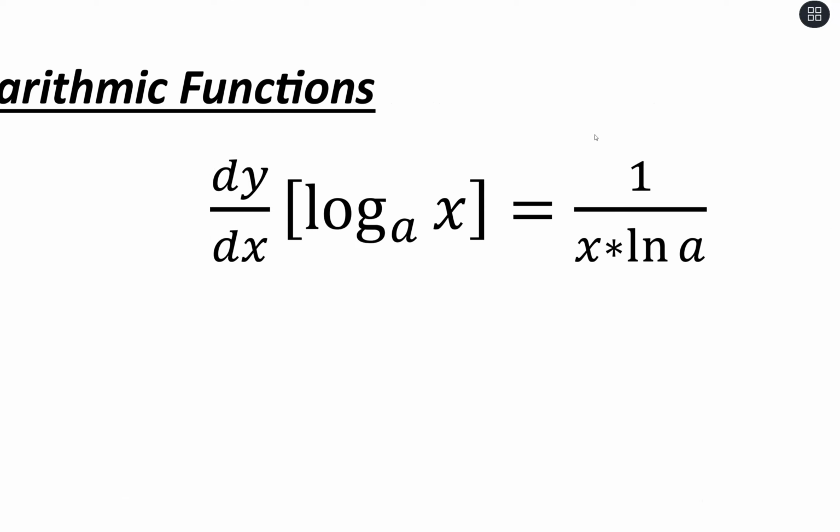Now, in terms of a logarithm of any base, we'll have the 1 over x piece, but also in the denominator we need to multiply by the natural log of the base of the logarithm. So whatever that base a is, that would go in the natural log in the denominator.